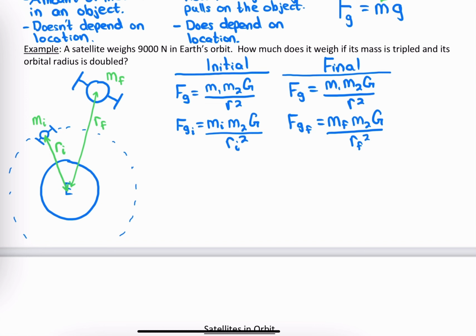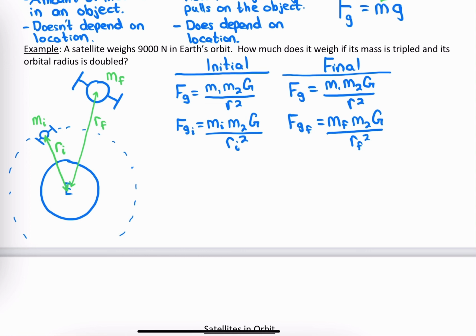Now what this question is getting me to do is compare the weight of the new satellite with the weight of the old satellite. So I want to get this expression for the weight of the new satellite over here to look similar to this expression for the old satellite, so I can compare them and see how they're different.